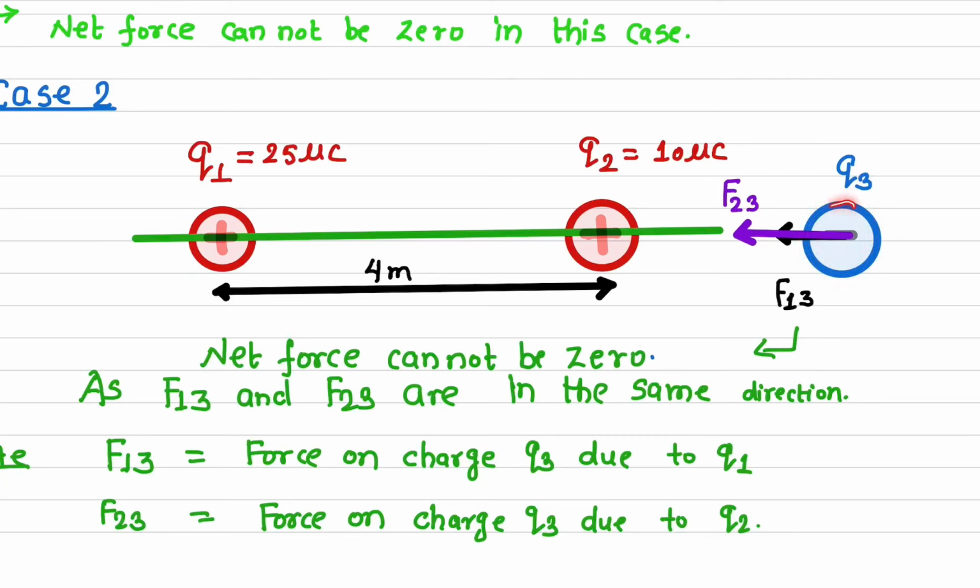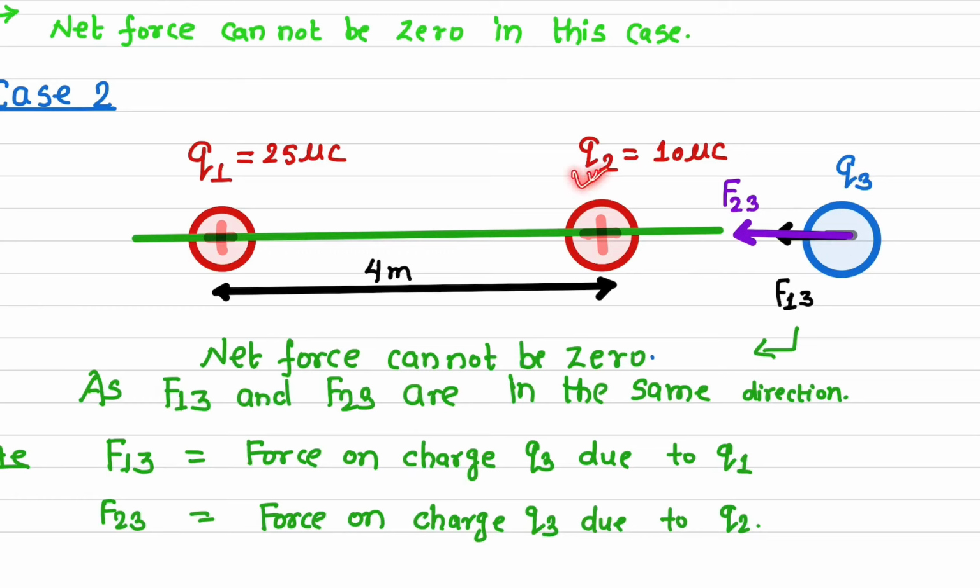If the charge Q3 is located on this side, then let's try to figure out all the directions of forces. The force due to this charge Q1 will be in this direction because they are attracting. This is the negative charge, so it will be in this direction.